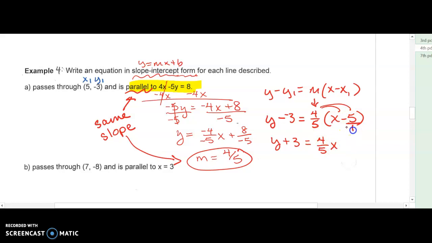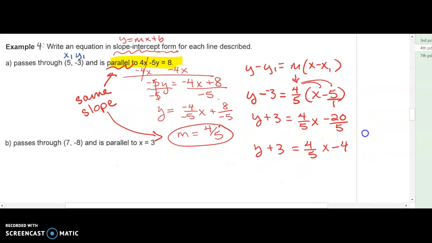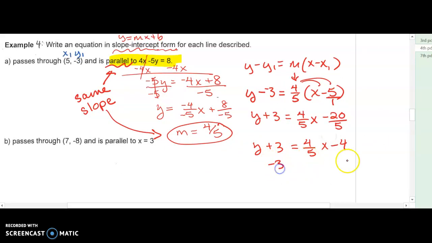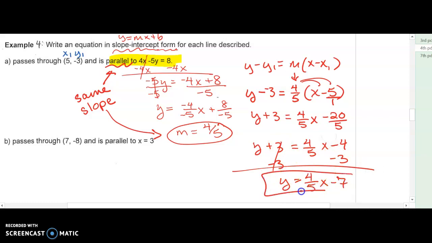This is 5 over 1, so 4 times negative 5 would be negative 20 over 5. So that's y plus 3 equals 4/5 x minus 20 over 5, which would reduce to 4. And lastly, subtract 3 to get y by itself. So y equals 4/5 x minus 7 would be our final answer.